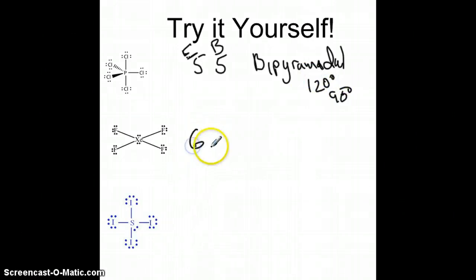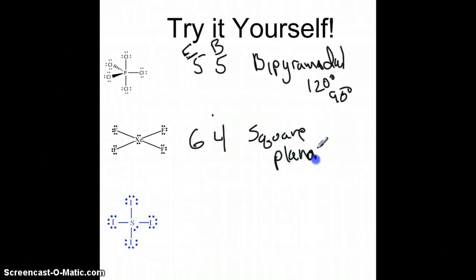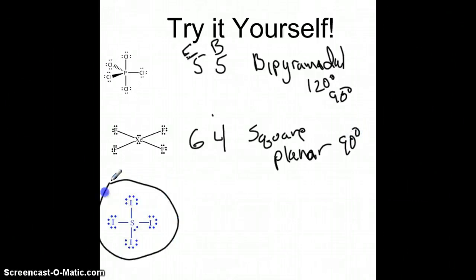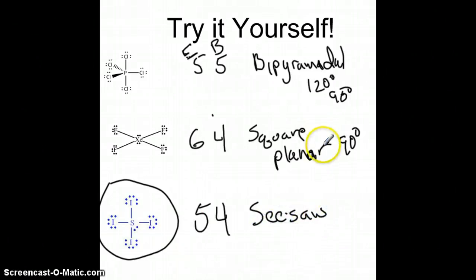Here we have 6 and 4, so that's going to be square planar, and that's going to be 90 degrees. And this is my favorite guy again. Here's SiF4. That's 5 and 4. And remember, when you have 5 electron domains and 4 bonding domains, that's going to be a seesaw. And anything with 5 electron domains will have a bond angle of 120 and 90.